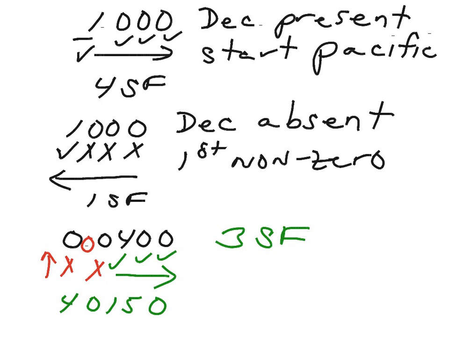And here, even though we start at the Atlantic, which is the right side obviously, we don't count that first 0 because we don't start counting until we get to a non-zero digit. Once we get to the non-zero digit, then we just count all the way to the end. There's no difference at that point once you start counting between a 0 and any other digit. So we've got 1, 2, 3, 4. 40,150 has 4 sig figs.